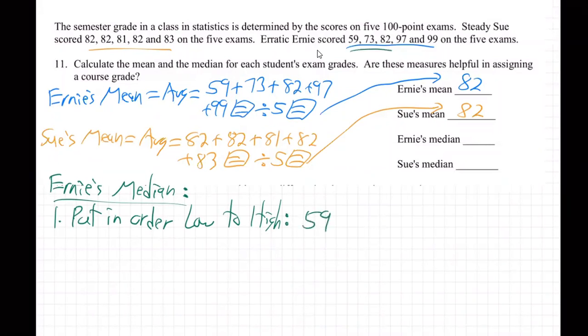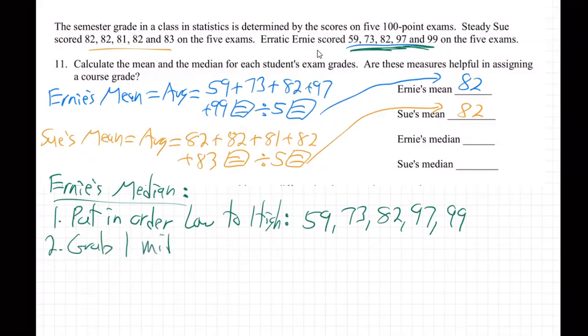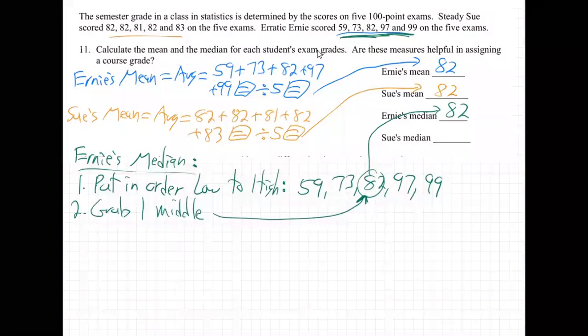So right here, Ernie's numbers, 59, 73, 82, 97, 99. Yeah, they're already in order from low to high. And then step 2, grab the one in the middle. So which one is in the middle? 82 again. Yes. So we're getting a lot of 82 answers here. So the median for Ernie is 82.